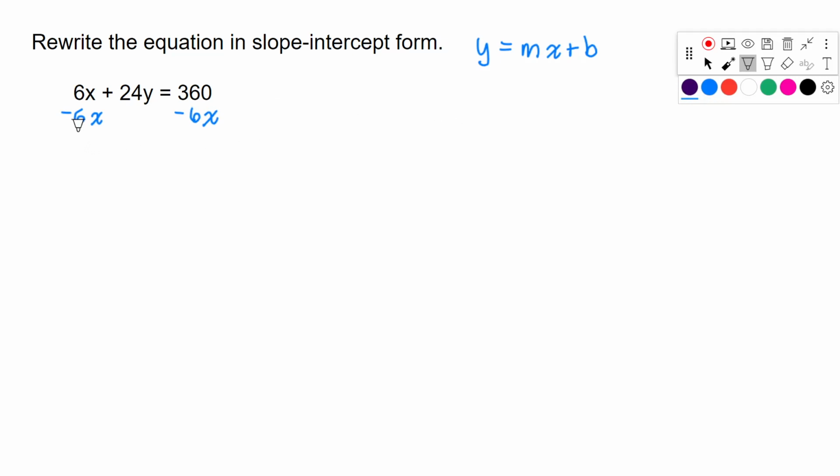So our new equation is 24y equals negative 6x plus 360. And now you want to divide every term by 24 to isolate the variable y.